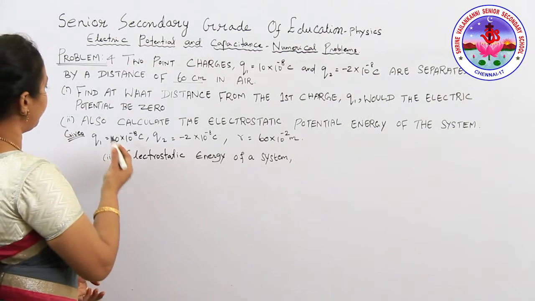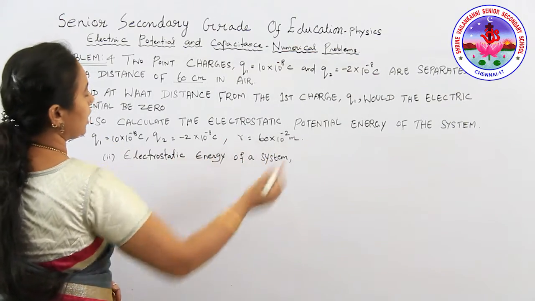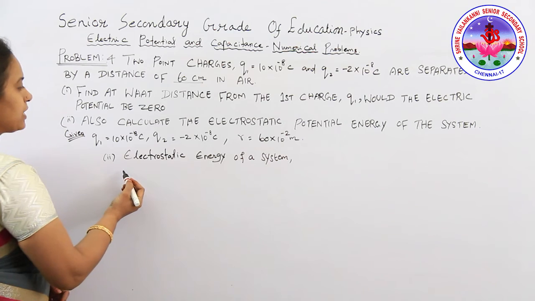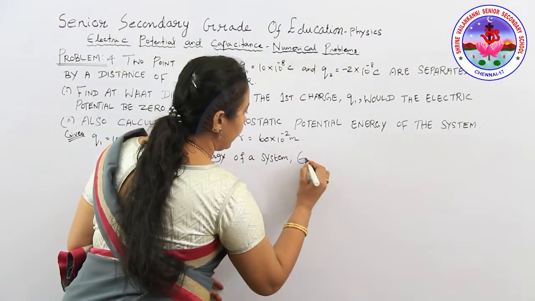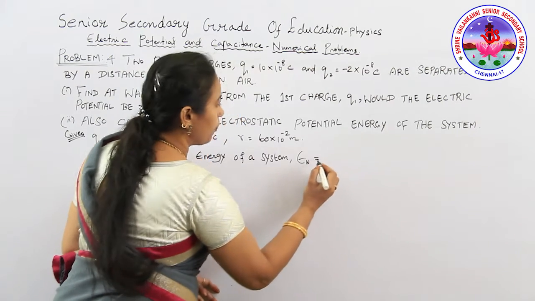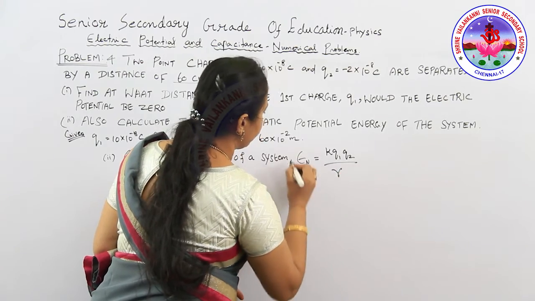The second part of the fourth question is: also calculate the electrostatic potential energy of the system. The electrostatic potential energy of a system, we can write U, which is equal to K Q1 Q2 by R, which is the formula for that.